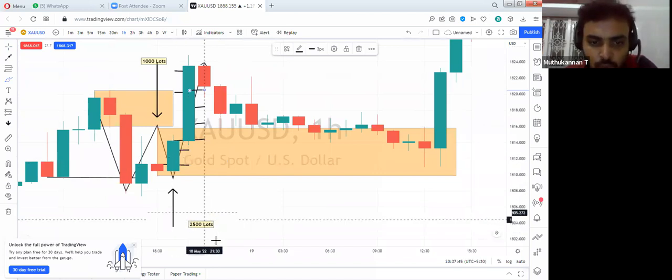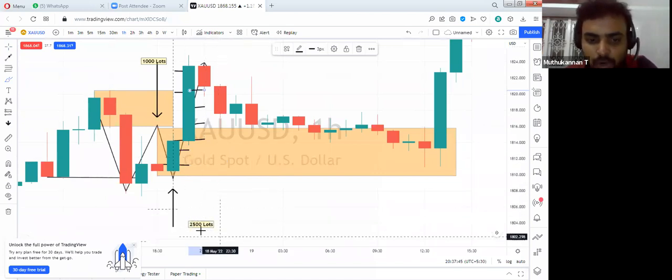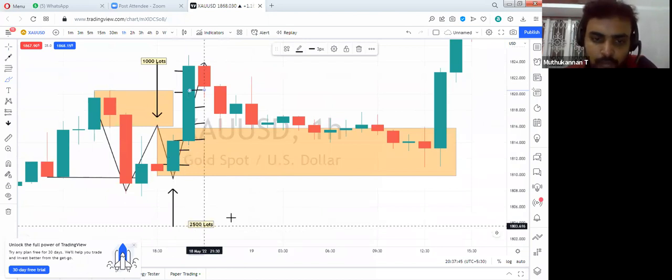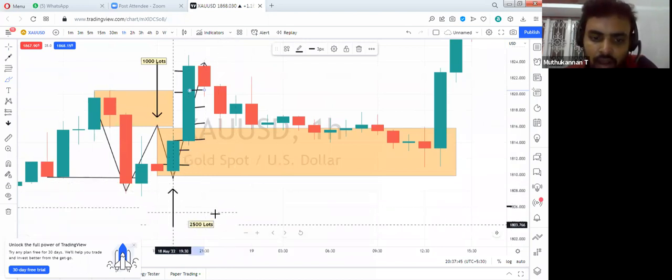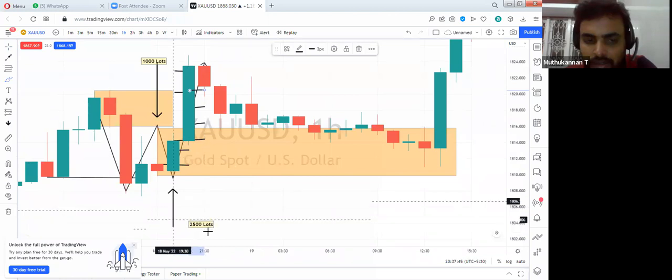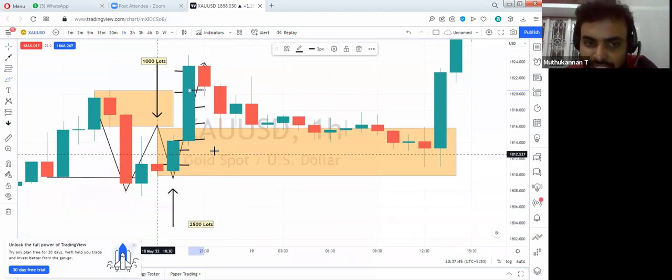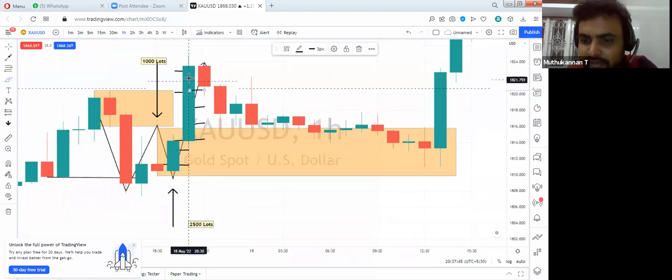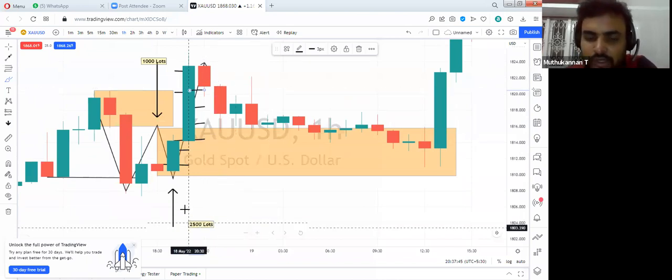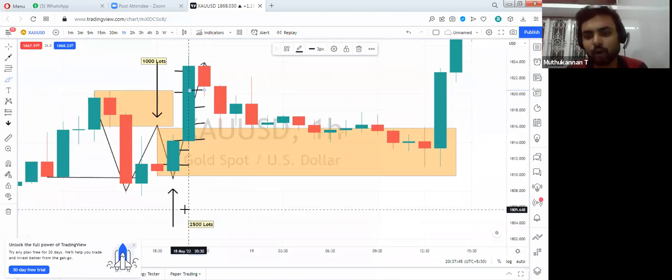Now, this 2500 lots placed by smart money is profit, but along with the smart money's position, the retail traders also entered here, right? So they are also capturing this movement which is created by smart money.